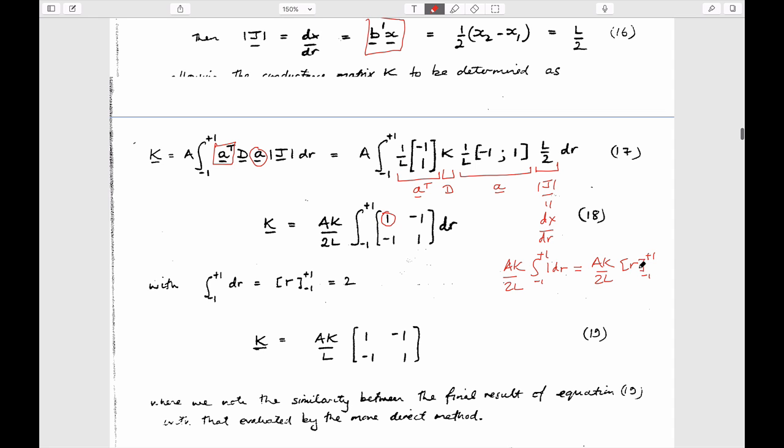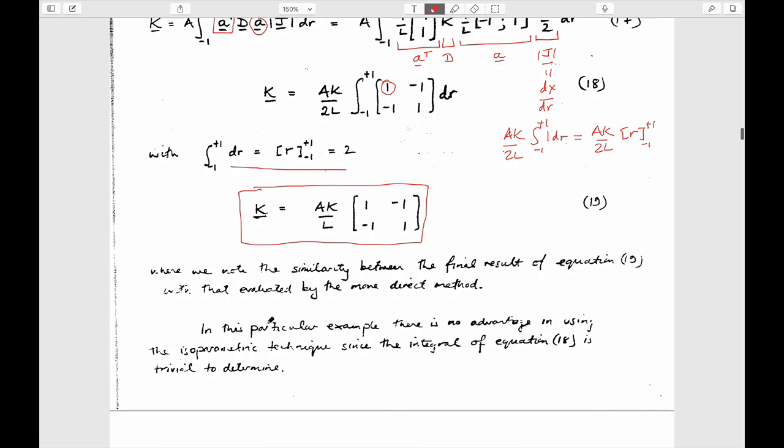If you do these substitutions, you get 2 in here, and it cancels out this. And if you have 2 and 2, then the equation you end up with, perhaps not so surprising, although we've done it a very different way, is that we end up with exactly the same expressions as we had before to represent our conductance matrix.